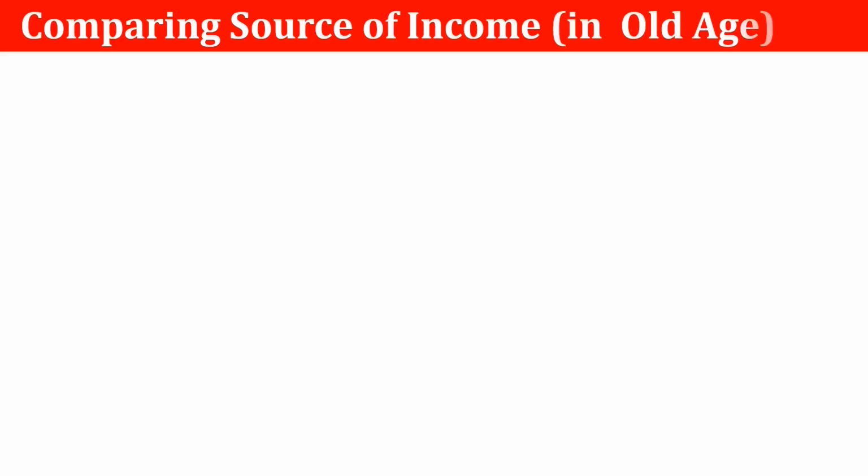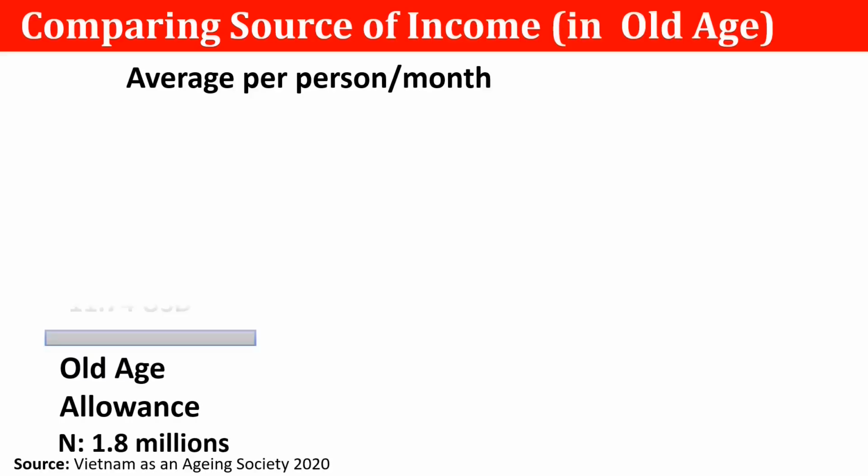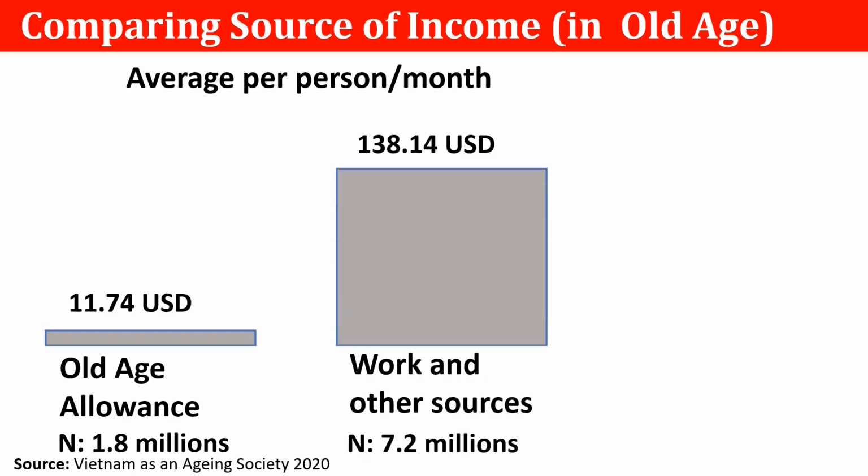Taking a closer look at the 3 main sources of income, the first source is old age allowance, which provides close to $12 per month per beneficiary, which benefited around 1.8 million people in 2020. The second source of income is from work, employment, or investment.